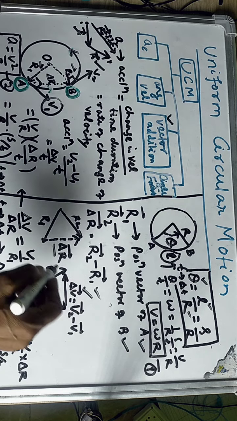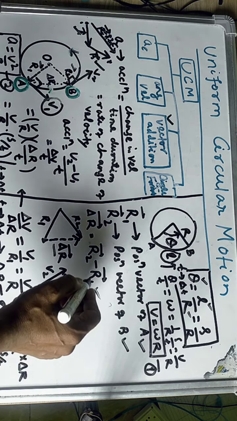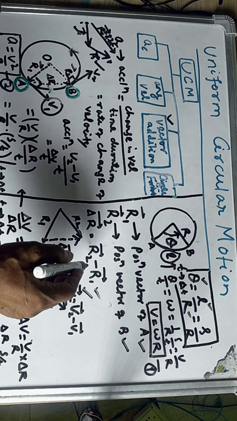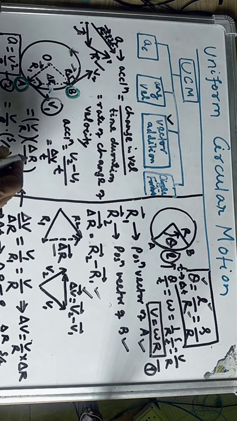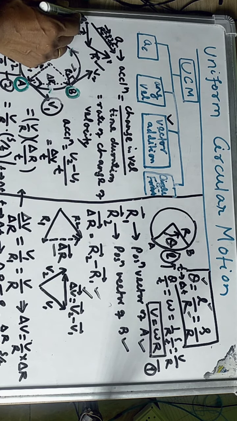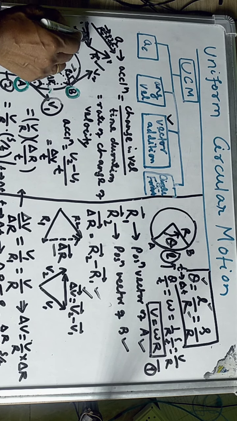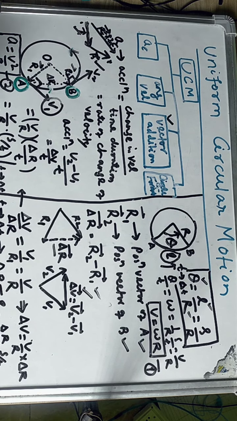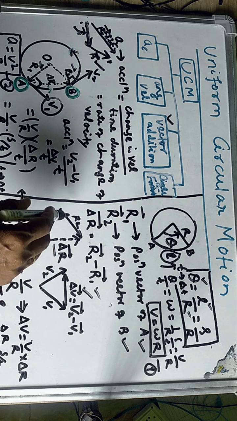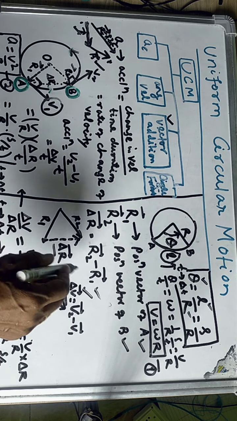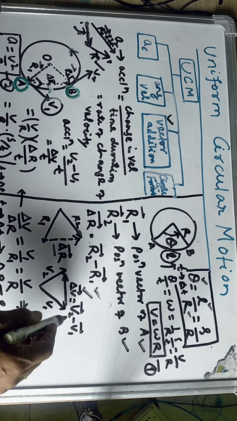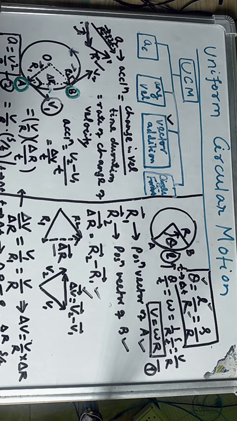In the same way, here what we did, to get the resultant vector, the direction of R1 is changed so that it follows the vector triangle law. Hence it became delta R is equal to R2 minus R1. In the same way delta V became V2 minus V1.